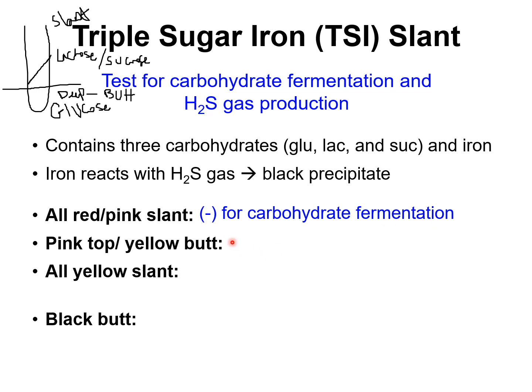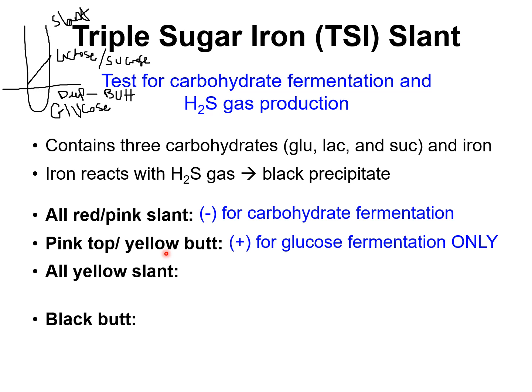Now, what if you get a pink top and yellow butt? Well, yellow means acidic. Remember how I said most bacteria, when they ferment glucose, produce an acidic product. By the way, why is it changing color? Because there's another thing added to this test tube, and that's the pH indicator.